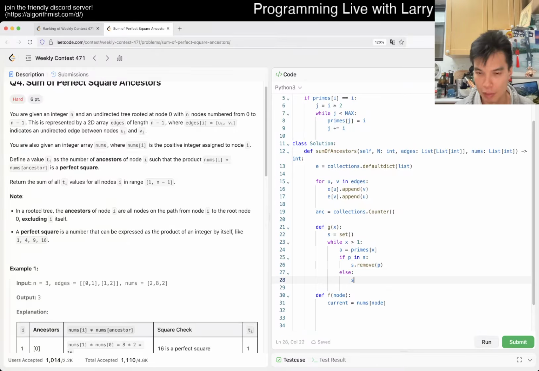I think there's a better way to write this, but I don't know. And next, right? And then we return s.